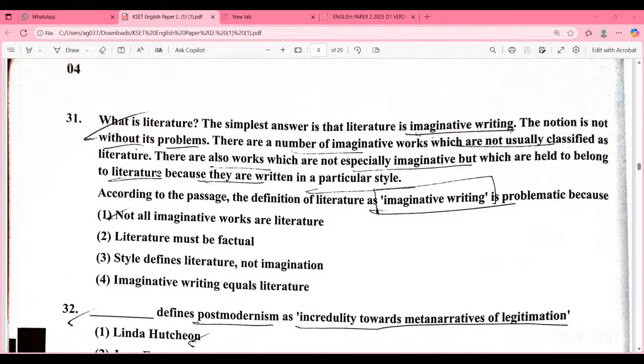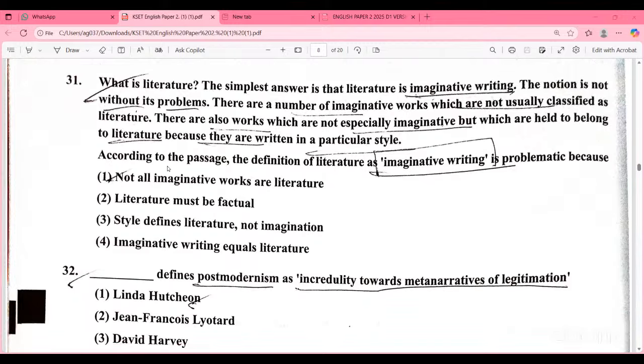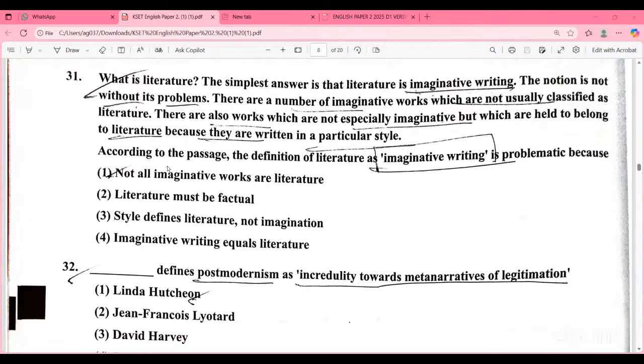So, what is literature? The simplest answer is that literature is imaginative writing. The notion is not without its problems. There are a number of imaginative works which are not usually classified as literature. There are also works which are not especially imaginative, but which are held to belong to literature because they are written in a particular style.